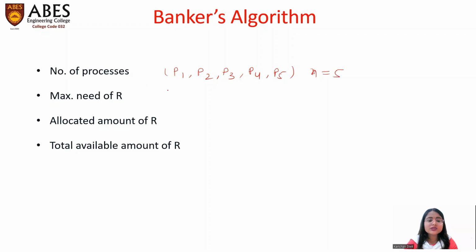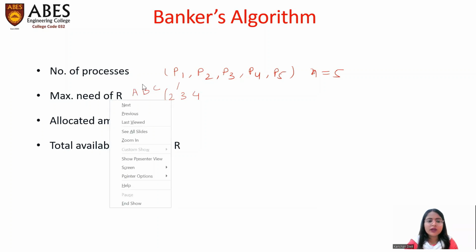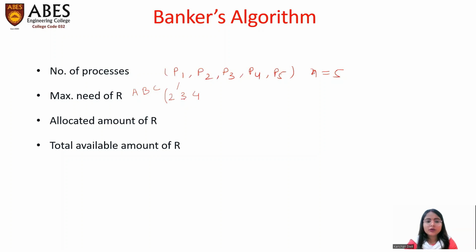Now, what is the maximum need of resources for each process? Suppose there are A, B and C, these are the three resources required by each and every process. So for P1, suppose A is 2, B is 3 and C is 4. So two instances of A are required, and for B there is a need of 3 for P1. This is the example for maximum need of resources.